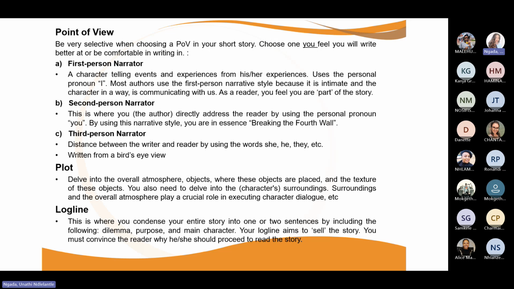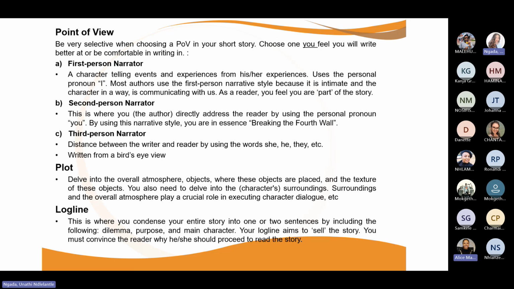So most people end up doing first person narrative style, which there's absolutely nothing wrong with, because with first person narrative style, you are telling events and experiences from the perspective of that character using the personal pronoun I. And most authors actually use this narrative style because they want to create a sense of intimacy between the reader and also the character.